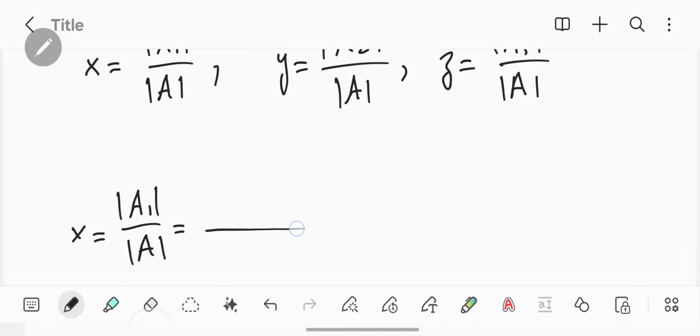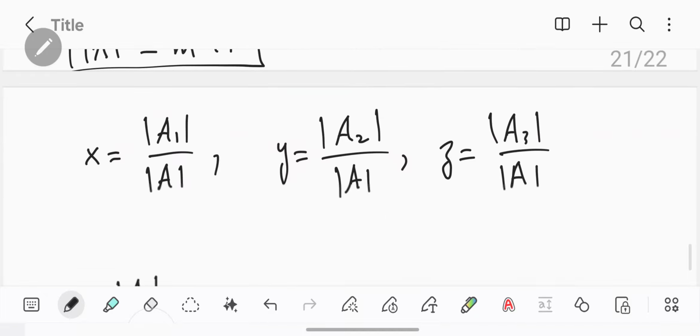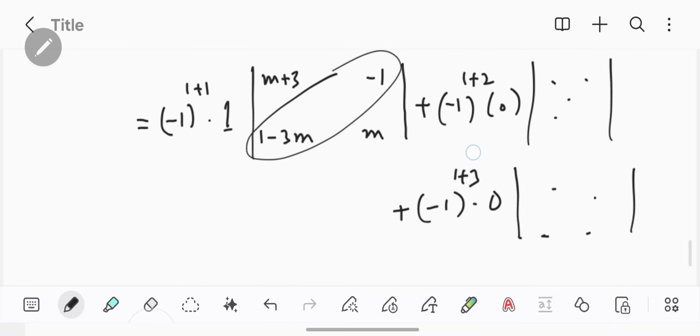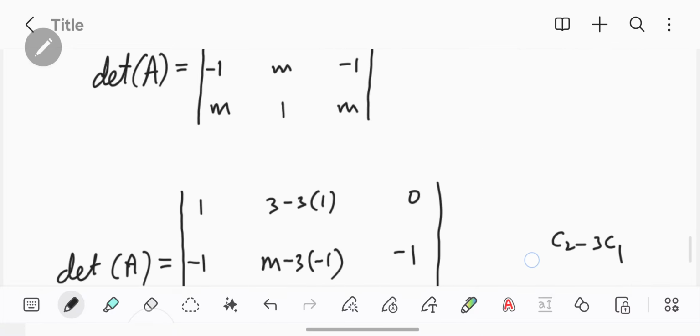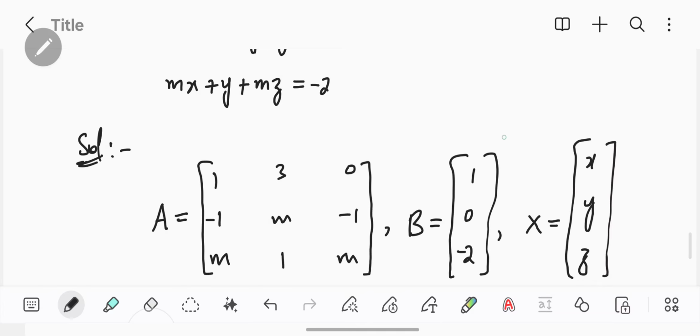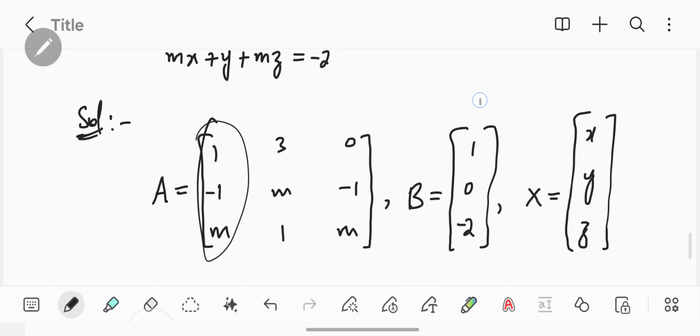Put the values. The determinant of A we have just found, which is M squared plus 1. What is A1? A1 is obtained by replacing the first column by the matrix B. I mean, if you replace the first column with B, you will get A1.